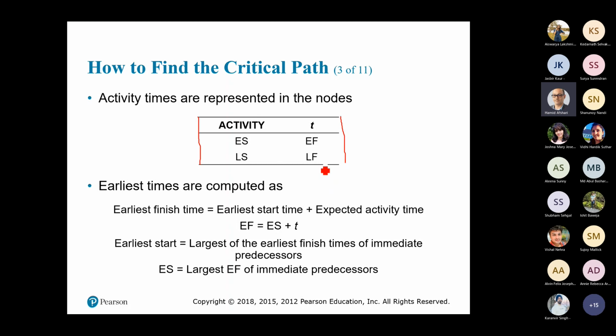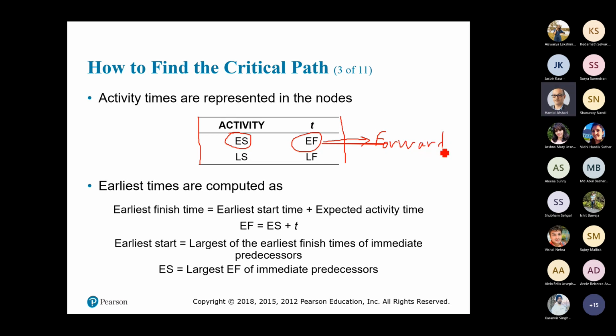So how do we calculate these earliest start, earliest finish, latest start and latest finish of activities? First of all, earliest start and earliest finish are calculated in forward calculations.